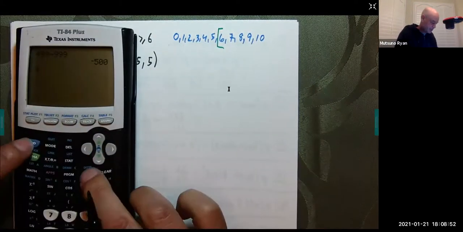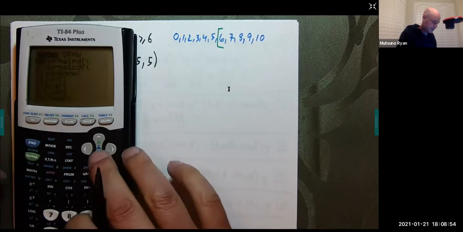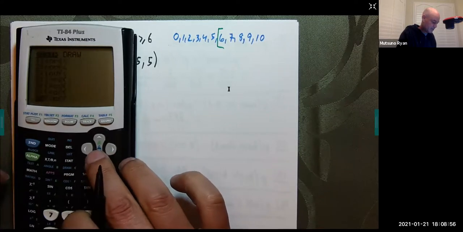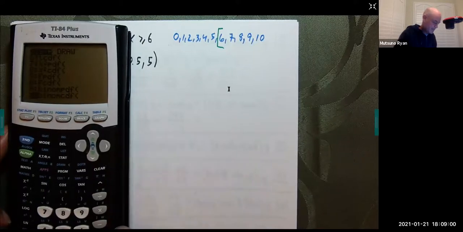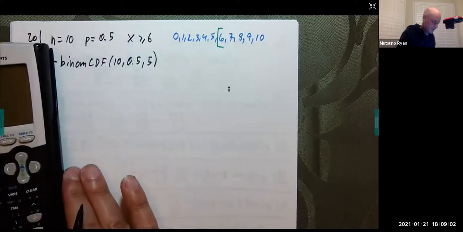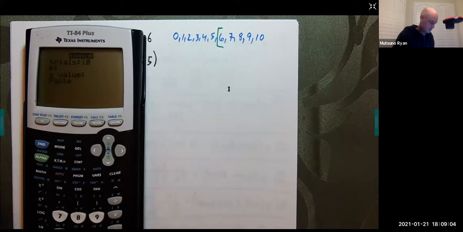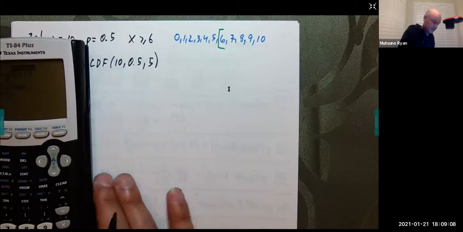So I'm going to go to my distributions, second distribution. I'm going to go down to binom CDF. And number of trials is 10. P is 0.5. And the X is going to be 5 and down.